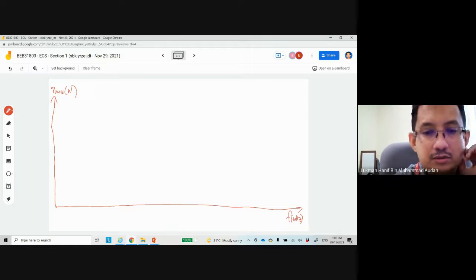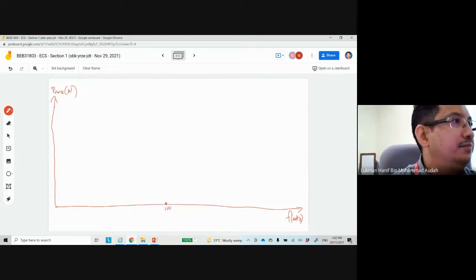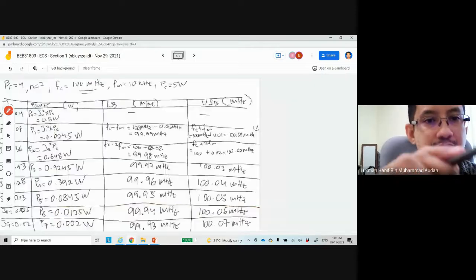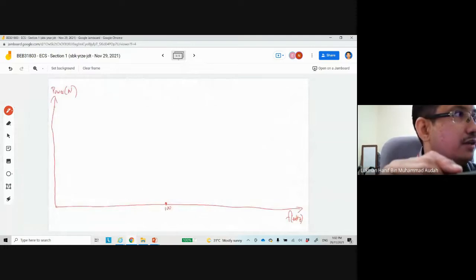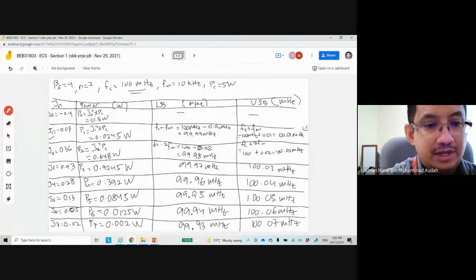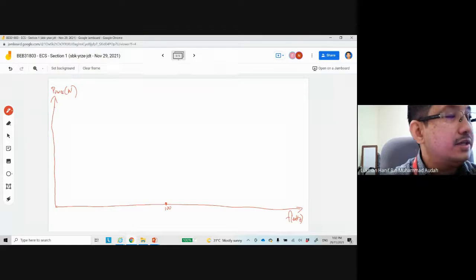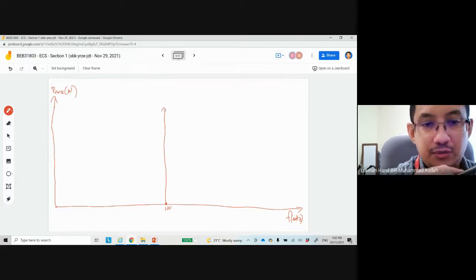Okay, katalah di tengah-tengah ni FC lah, let's say this is center at 100 mega. You see that from the previous it is 0.8 watt. 0.8 ni boleh kira besar lah berbanding dengan yang lain. So kita agak-agak lah. We assume that tinggi dia lebih kurang macam ni lah, lebih kurang 0.8.